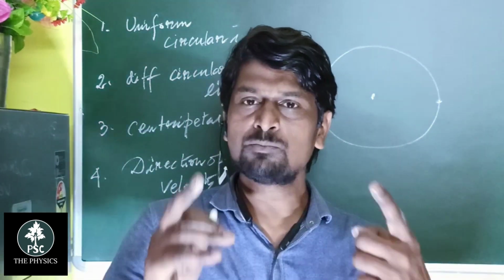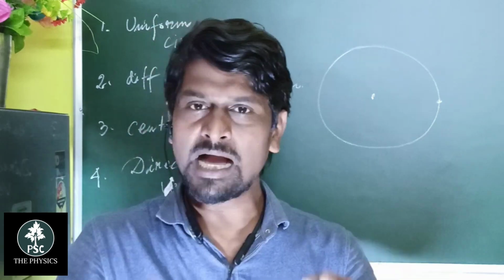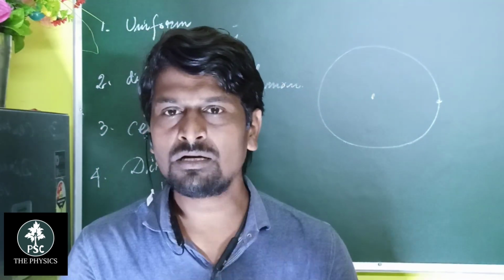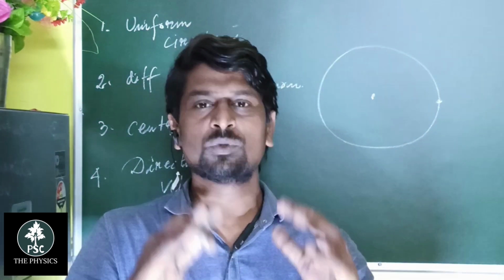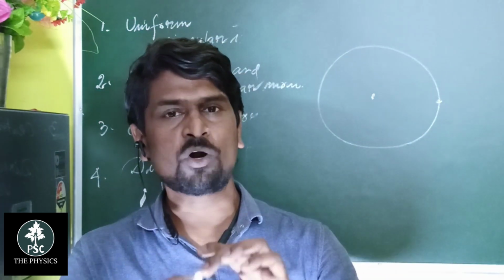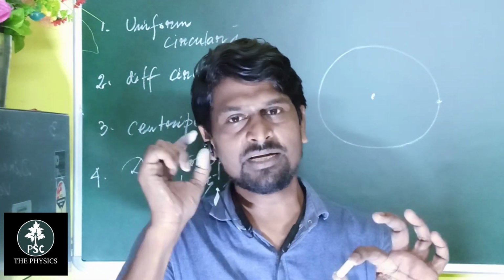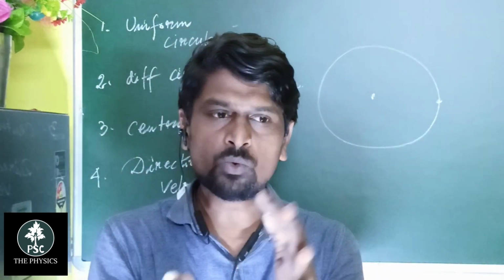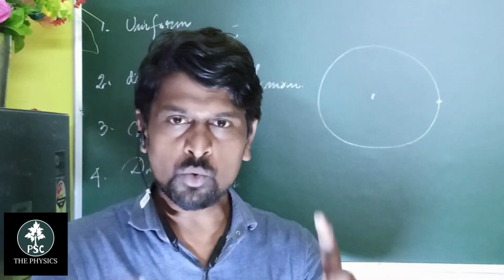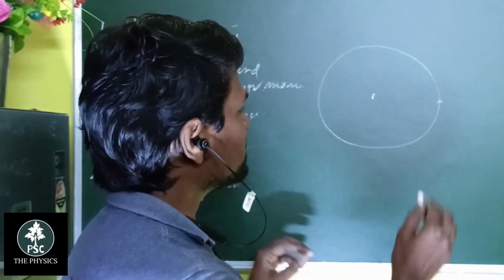Suppose, is the moon a particle, is the earth a particle? Yes, the earth is a particle with respect to the sun. The moon is a particle with respect to the earth. So we can consider a particular body as extended or as a particle with respect to other things comparable with those two objects. Okay, so this is a particle.